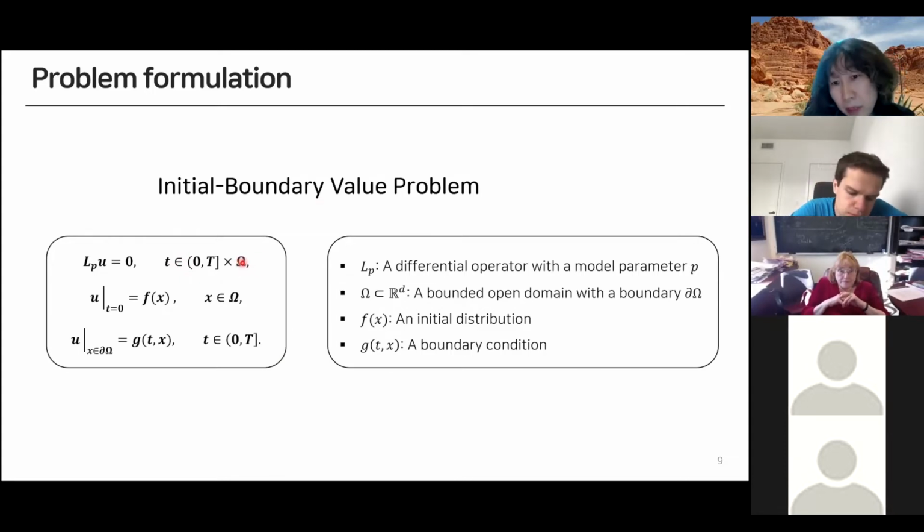Omega is a bounded open domain, and L_p is a differential operator with a model parameter p. The second equation is the initial condition with prescribed f. And the last one is the boundary condition with prescribed g. This is the initial boundary value problem in an abstract way.